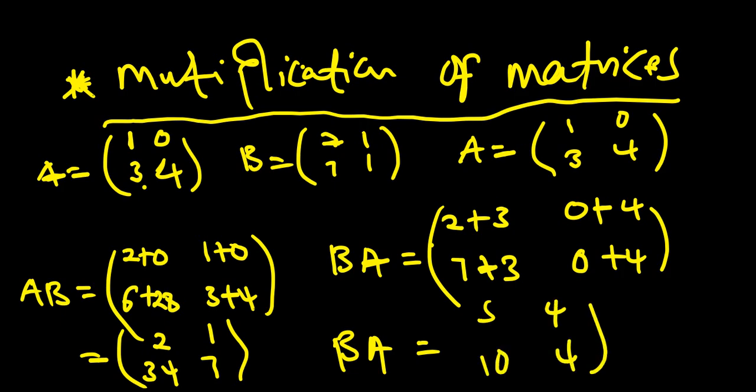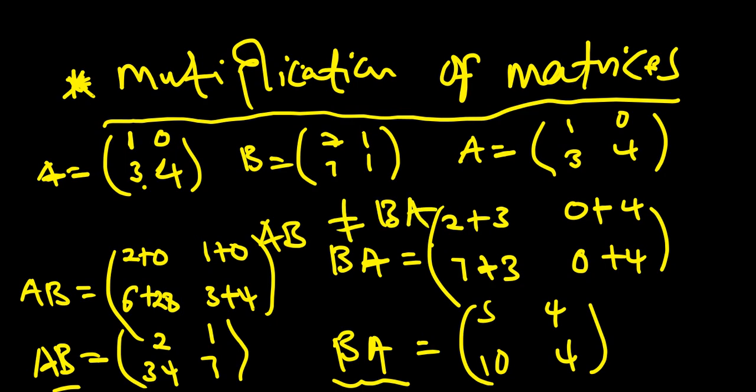So we see that this BA here is not equal to AB. So commutativity of these matrices is never true. AB will never be equal to BA as long as these are matrices.